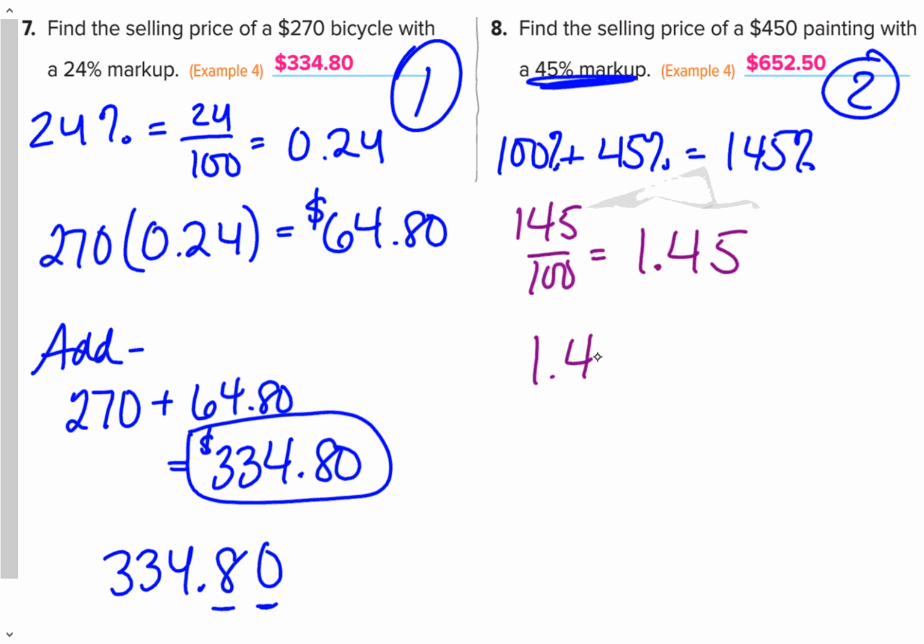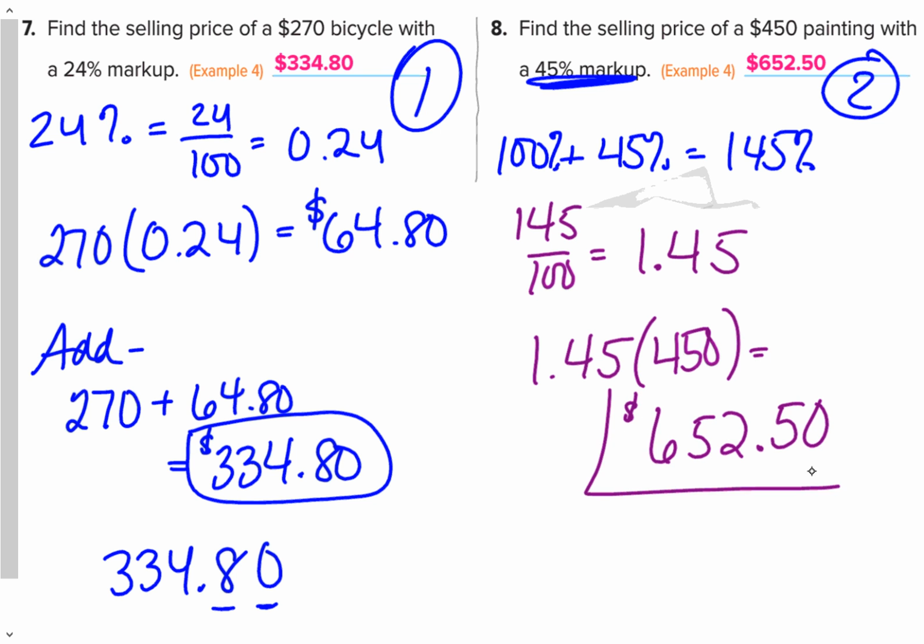So 1.45 times our 450, that equals $652.5, but again, we want to make 2 decimal places for money, and that's it.